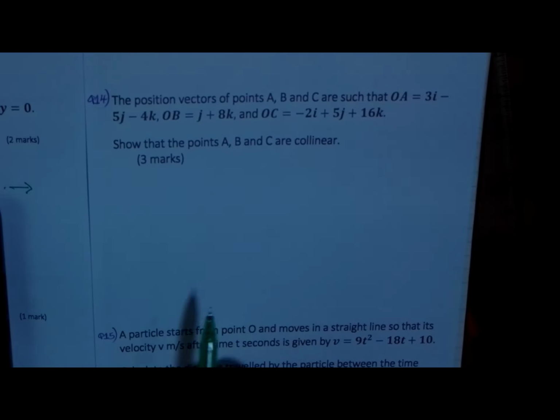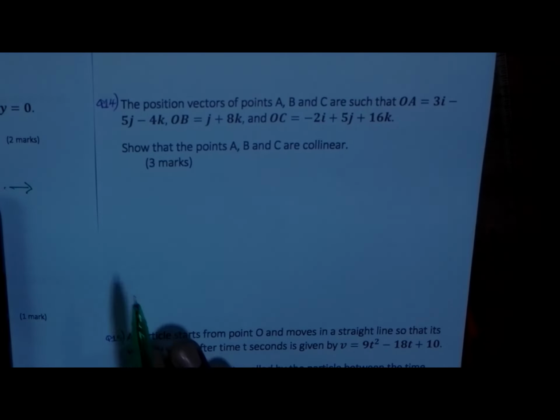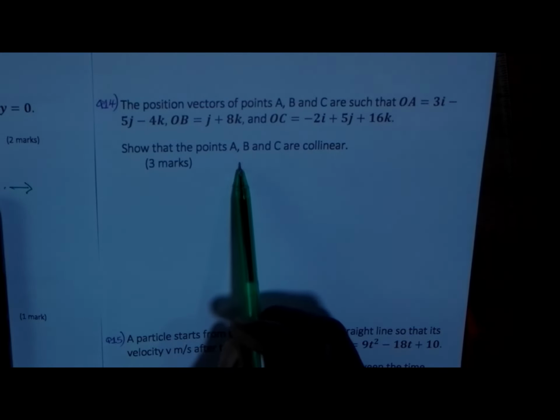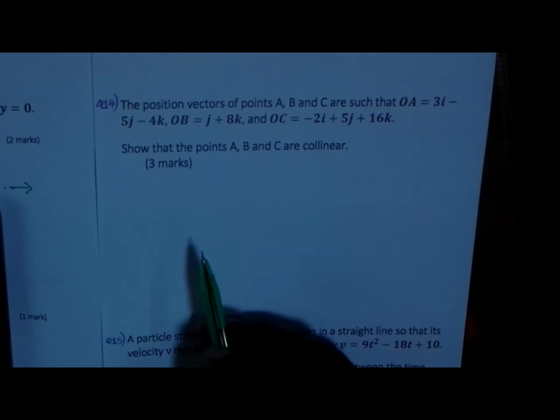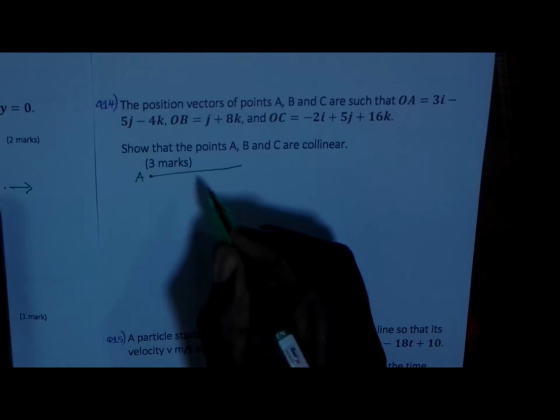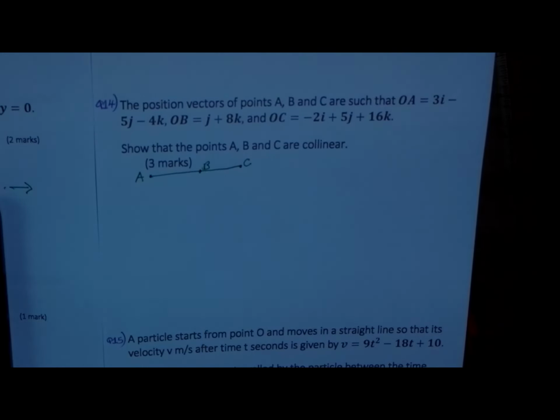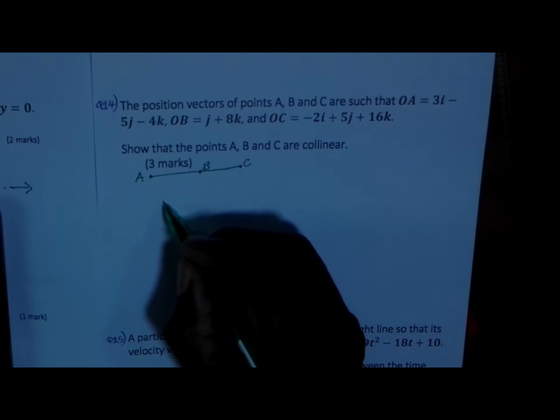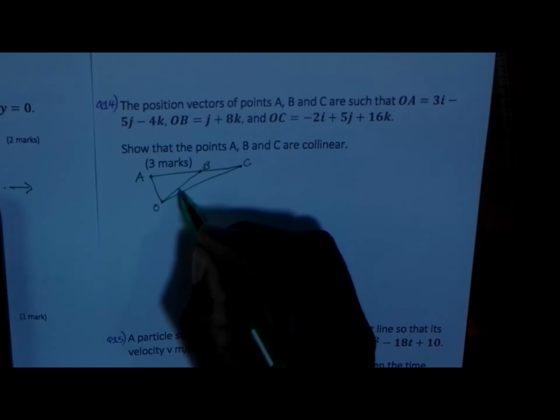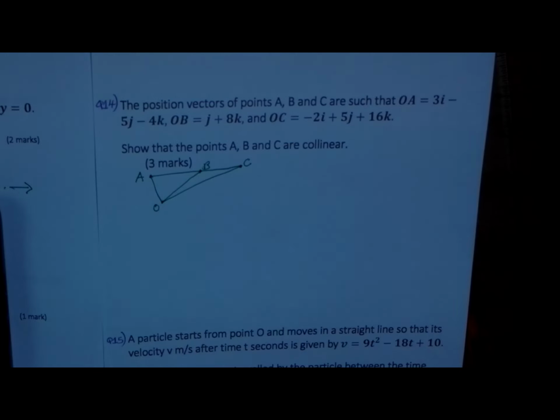For us to show that the points are collinear, first we need to find whether they are parallel to each other, and at least one point is common to both of them. Since we need to find whether they are collinear, we have A, B, and C, and you have also been given their position vectors. Remember, a position vector is from a point O. Are those points A, B, C collinear?